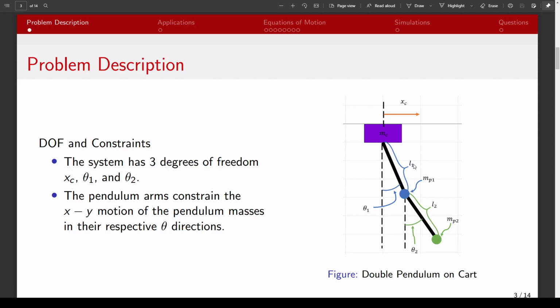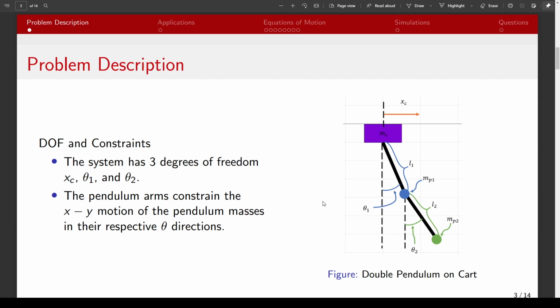On the first pendulum, we have mass m sub p1. The pendulum is length L1, and its angular displacement is theta 1. And the second pendulum, we have mass m sub p2, length L2, and its angular displacement is theta 2.